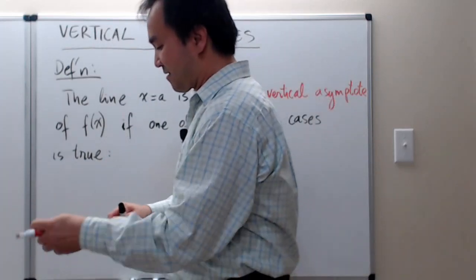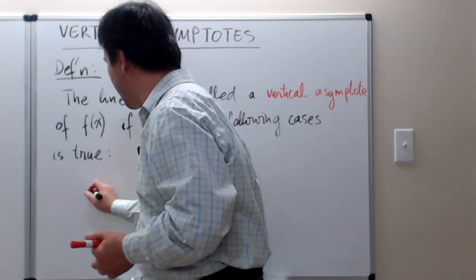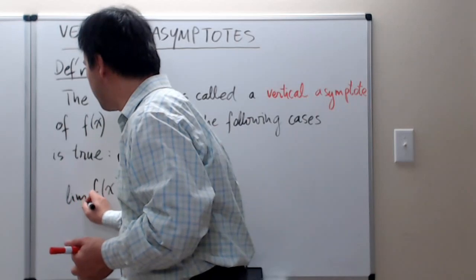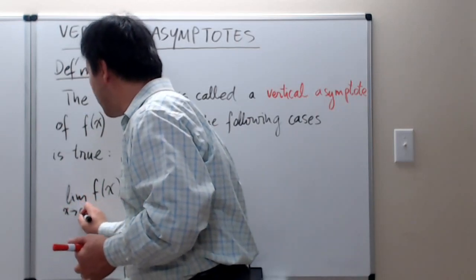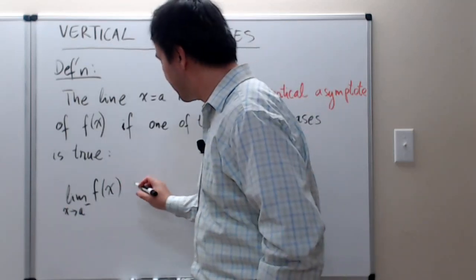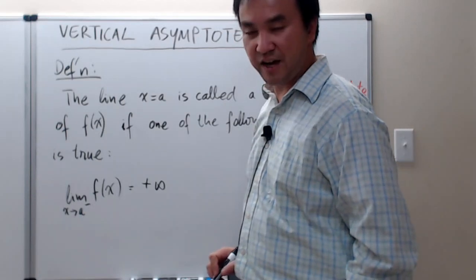You can have a vertical asymptote at x equals a when your function f of x has a limit, as x gets close to a from the left-hand side, of positive infinity. That's one of the cases.